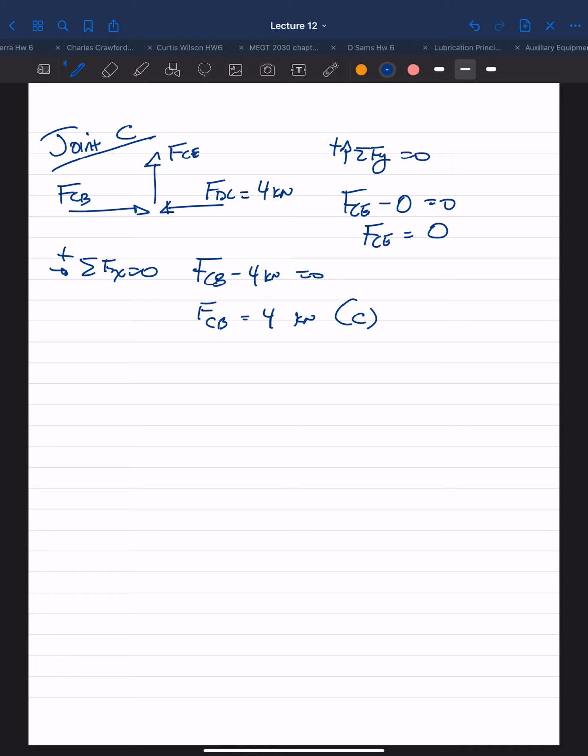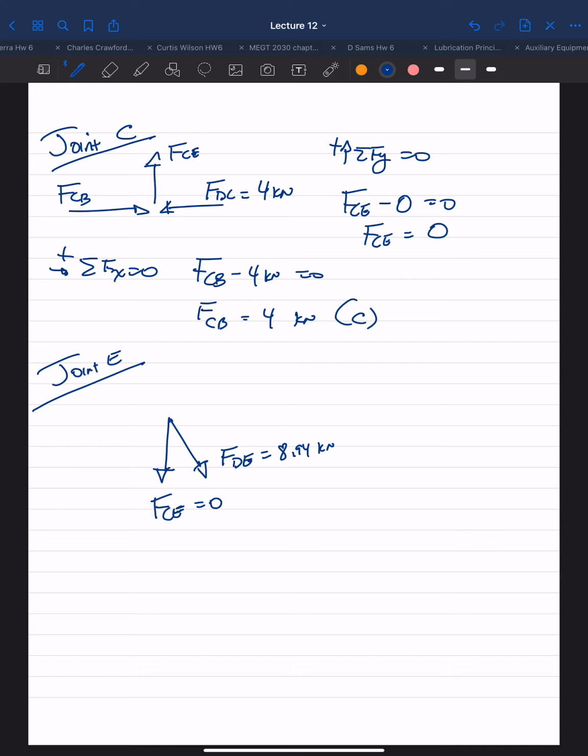Moving along, let's take a look at joint E. At joint E you have your FDE, which we previously determined was 8.94 kilonewtons. You have your FCE, which we said was 0, we just calculated that.